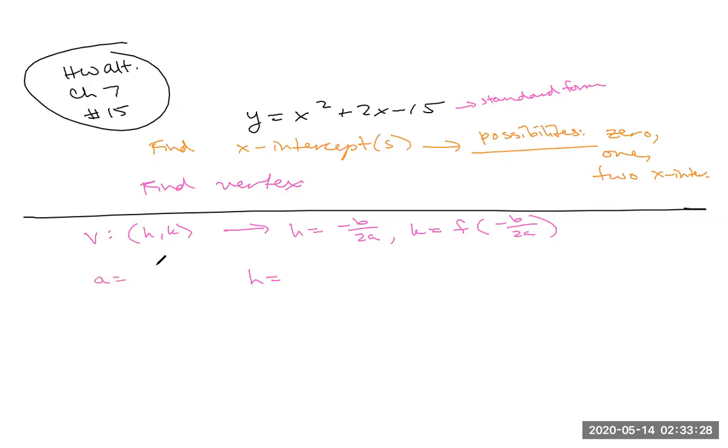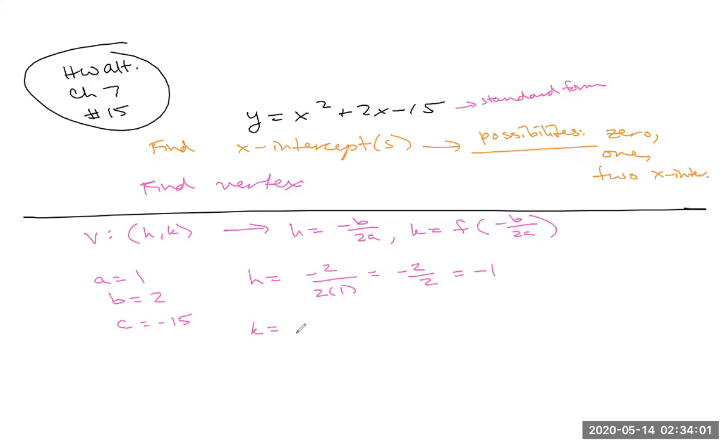a is equal to 1, b is equal to 2, c is equal to negative 15. So h is negative 2 divided by 2 times 1, which is negative 2 over 2, which is negative 1. Okay, now what we're going to do to find k, we're going to plug h into the function given here.